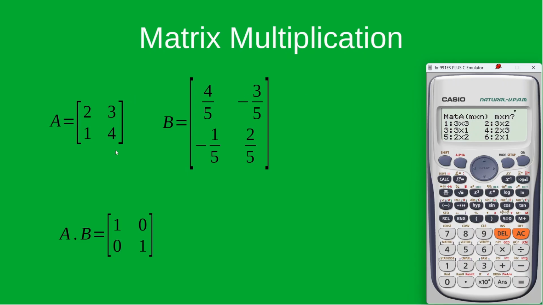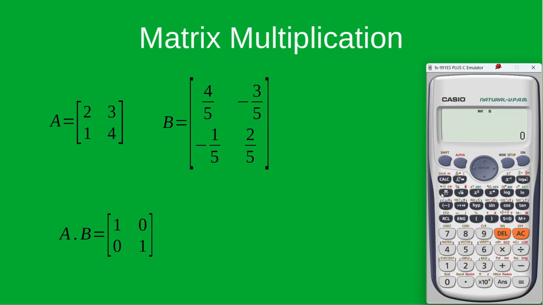And since it's a 2 by 2 matrix, select 5. Now enter the matrix. We write 2 equals, 3 equals, 1 equals, and 4 equals. This is the way we enter the matrix in the calculator. And then we click AC.